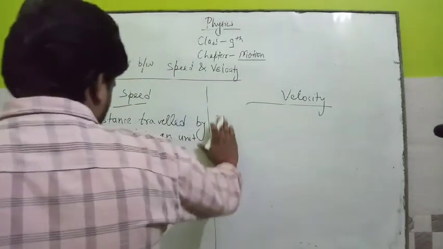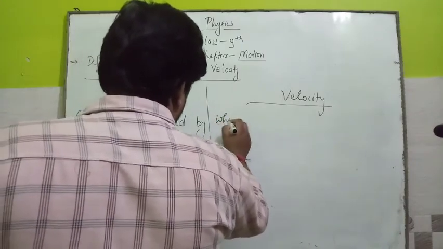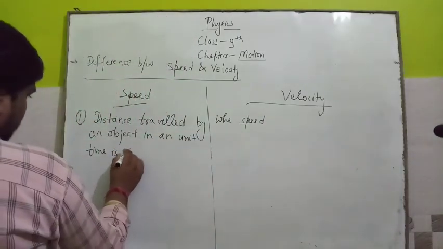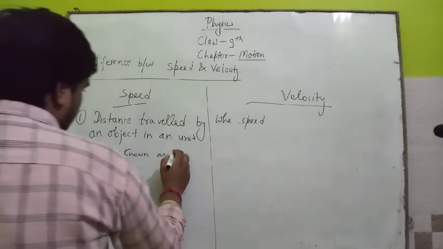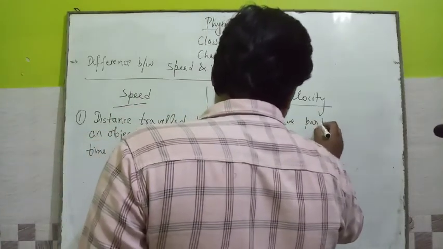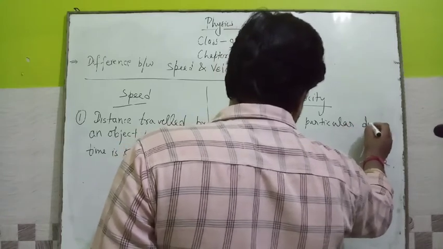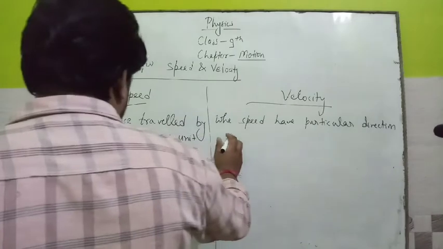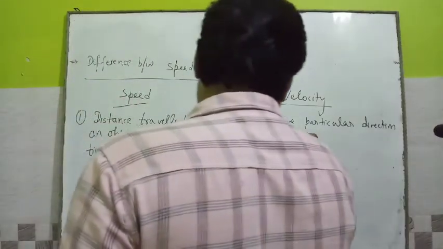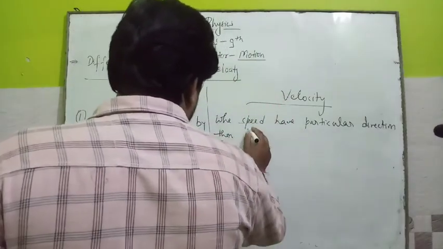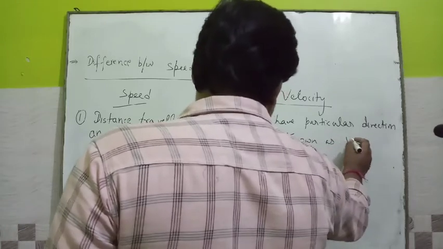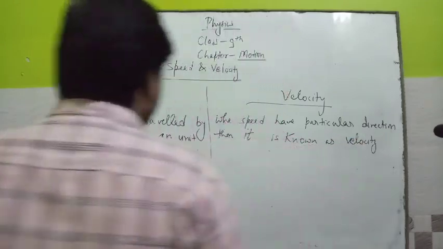Not displacement, you write here: when speed has a particular direction, then it is known as velocity. Clear? This is the first difference.